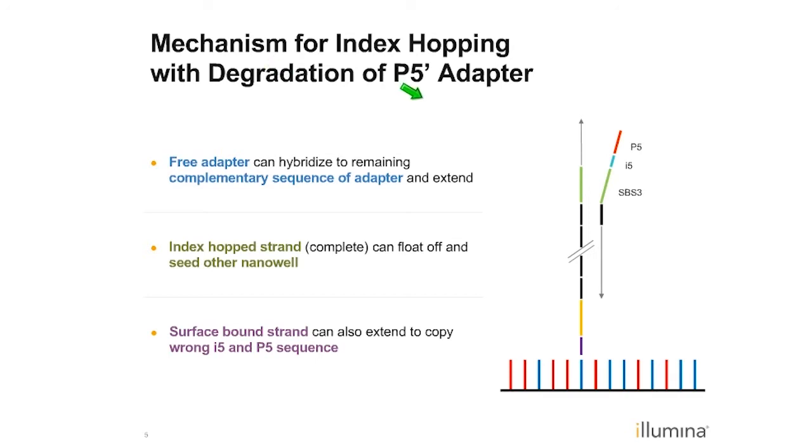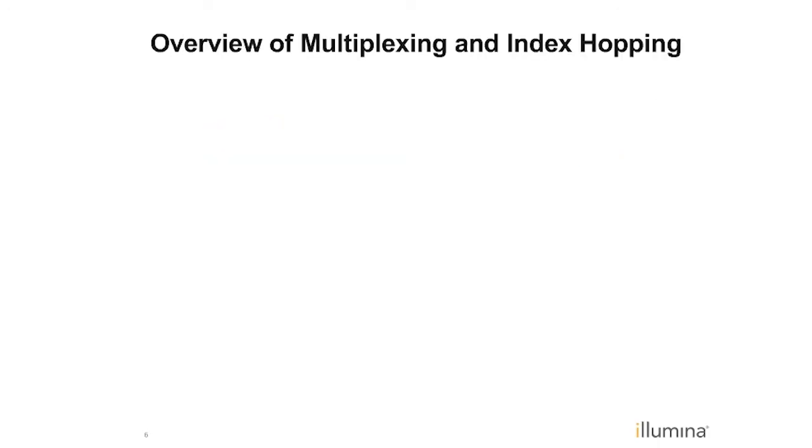So if you have free adapter, as shown on the right here, this free adapter could potentially bind to a strand inside of a cluster and basically be primed this way or that way to lead to mispriming events or a hopping event. These strands can also float off and go seed other wells, and you can see that both the surface strand and the incoming strand could be potentially misprimed during these types of mechanisms.